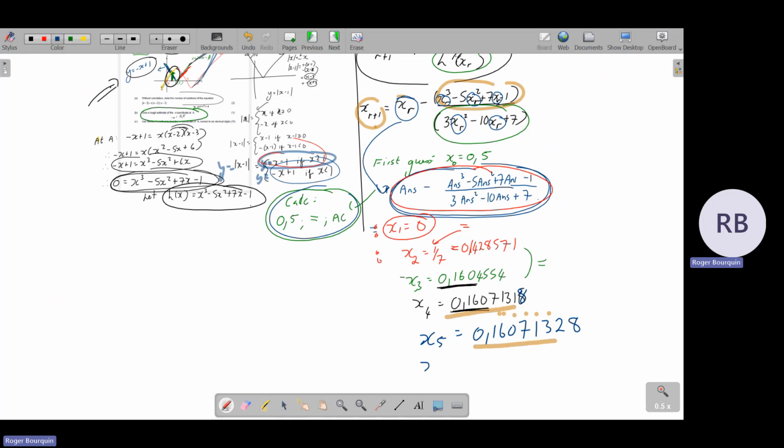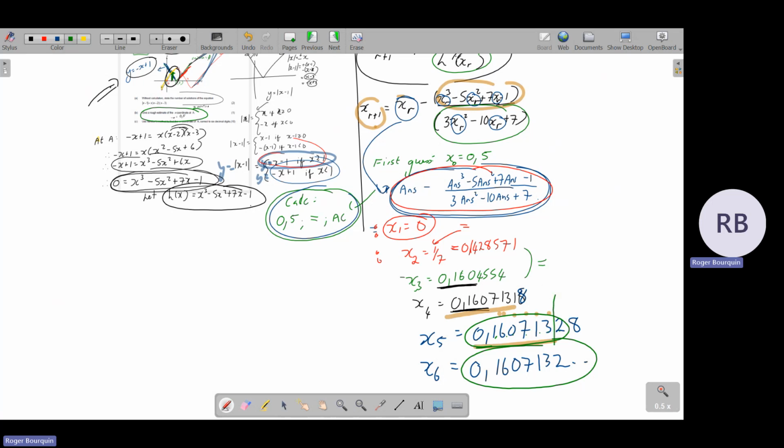In other words, if I press my calculator again, I get 0.160713 something. Now those all repeat, which is 7 decimal places: 1, 2, 3, 4, 5, 6, 7. So you've got 7 decimal digits.